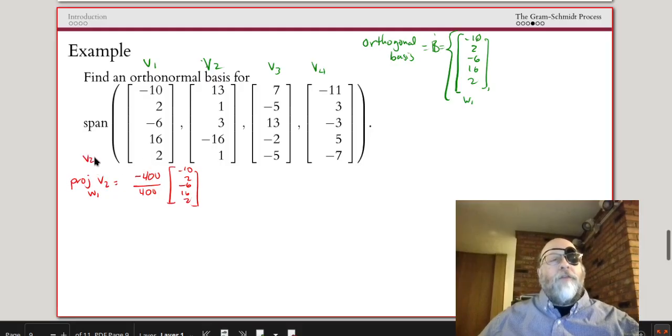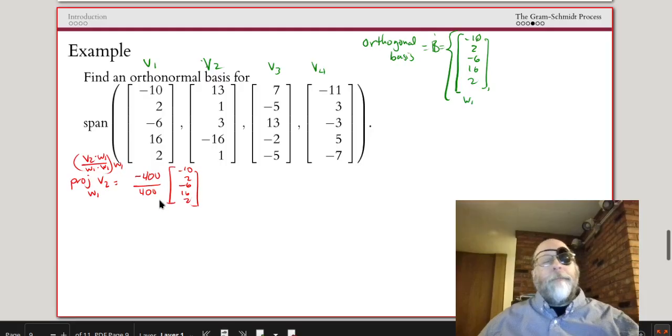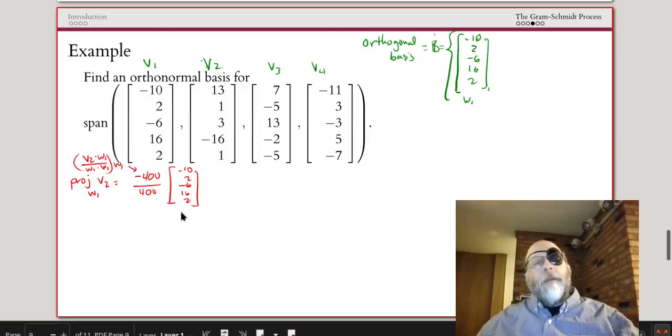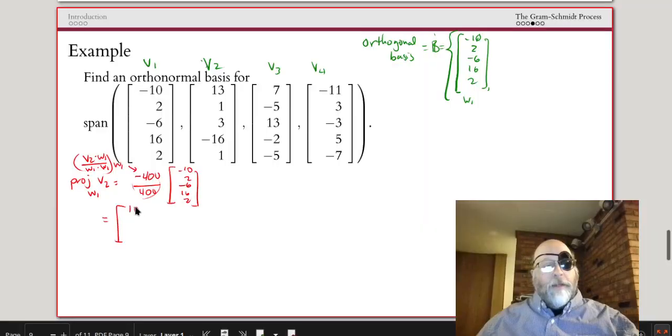It's V2 dot W1 over W1 dot with itself times W1. Well, this is just -1, so all we're doing is changing the signs, and we get 10, -2, +6, -16, and -2.